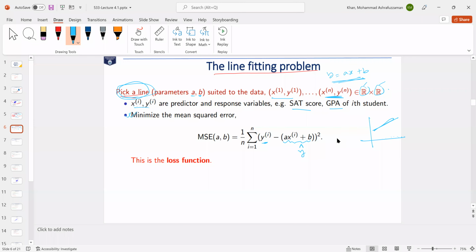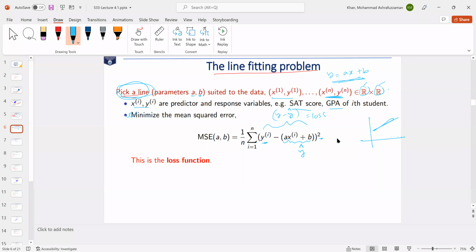That means this is basically y minus y hat, which is a loss value, and we take the square of it, because sometimes y will be larger than y hat, sometimes y will be smaller than y hat. So the larger and the smaller values will have a tendency to cancel each other.